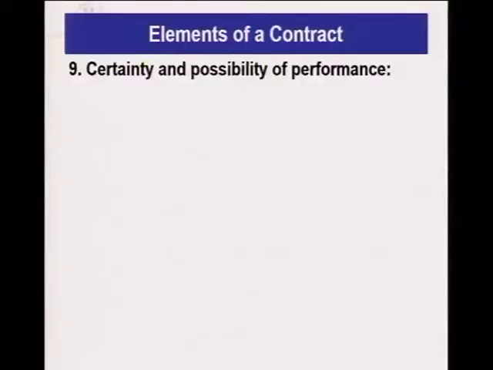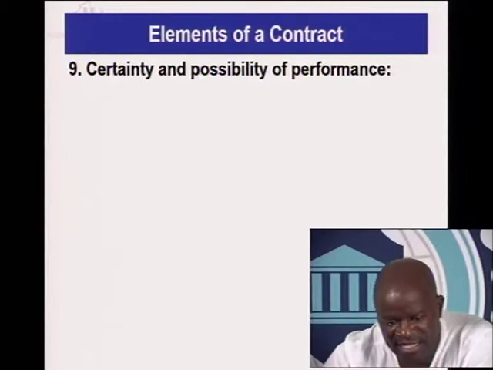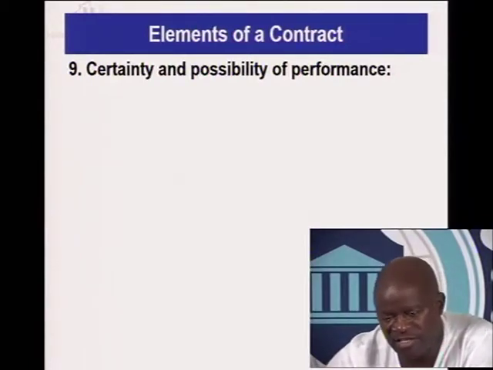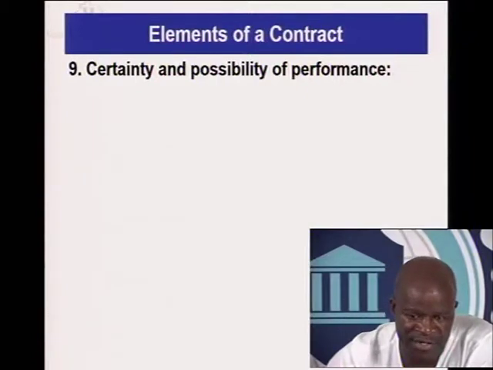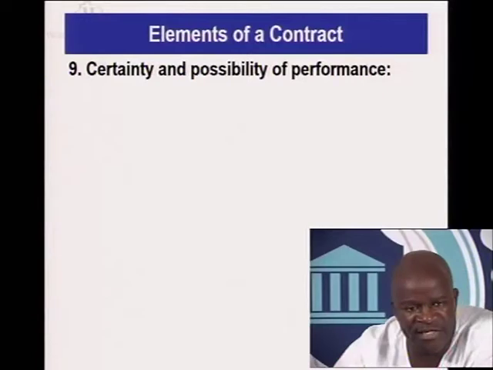Certainty and the possibility of performance. When you are talking of certainty and possibility of performance, we are looking at the clauses in the contract should be clear to the extent that they don't confuse, there mustn't be ambiguity, they must be clear and straightforward. You cannot engage somebody and say, let's enter into a contract.